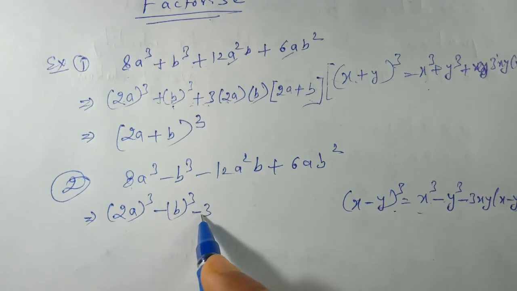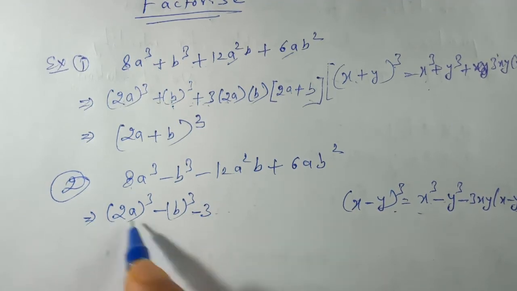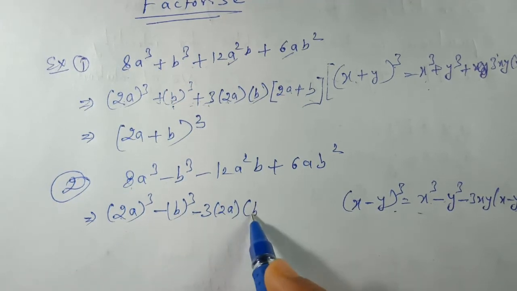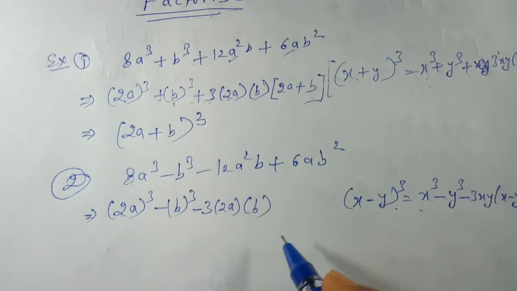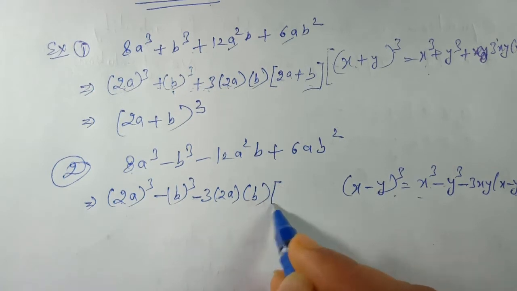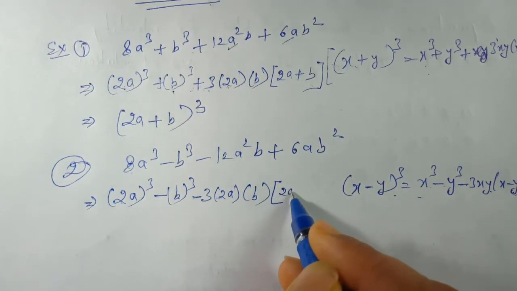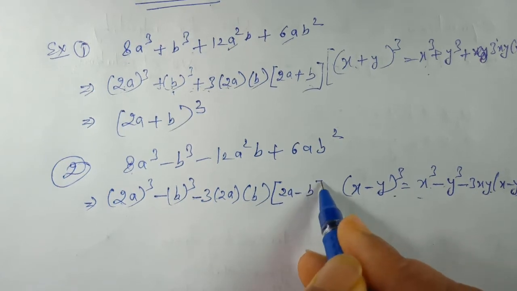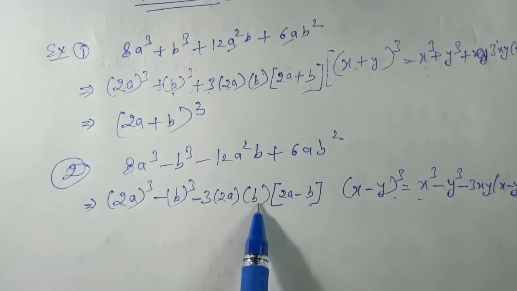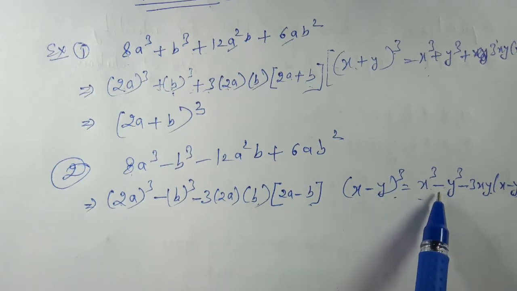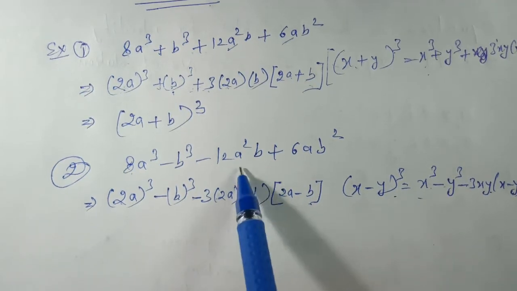Minus, according to the identity, here will be minus 3xy. In place of x we have 2a, in place of y we have b. Don't take the negative sign, just take the number. Then within the bracket x minus y, it means first term 2a minus second term b. So we have written the proper form according to the right hand side of the identity. Now let us check the last two terms.